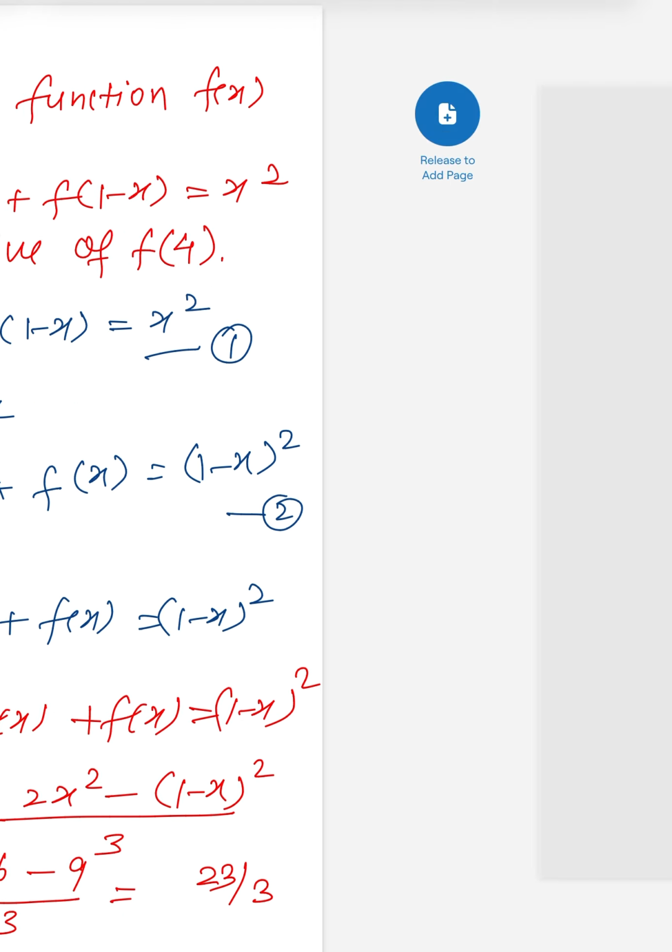Let's discuss one more question on the functional equation. This type of question is generally asked in JEE Mains every year. So it is a standard question, and this is: let f(x) is equal to 9 to the power x upon 9 to the power x plus 3.